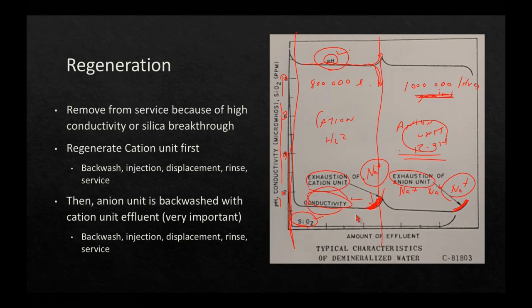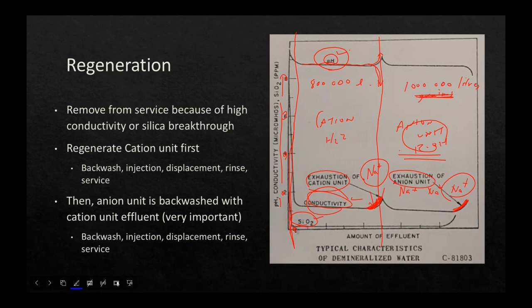And when the conductivity goes up, we go, oh, time to regenerate. Even though the unit is good for another 200,000 liters, we're going to regenerate it as soon as we see the sodium leaking through. So that's alternative number one in terms of how we regenerate them.